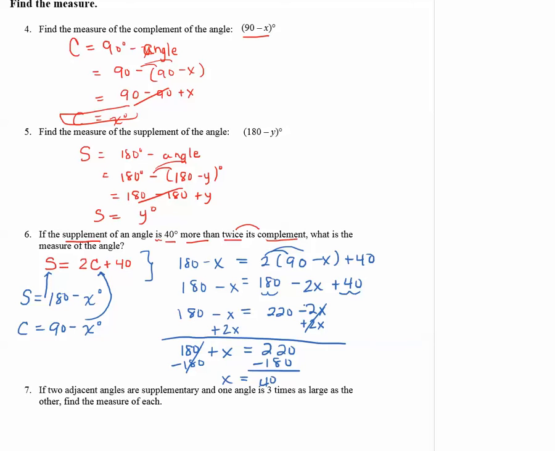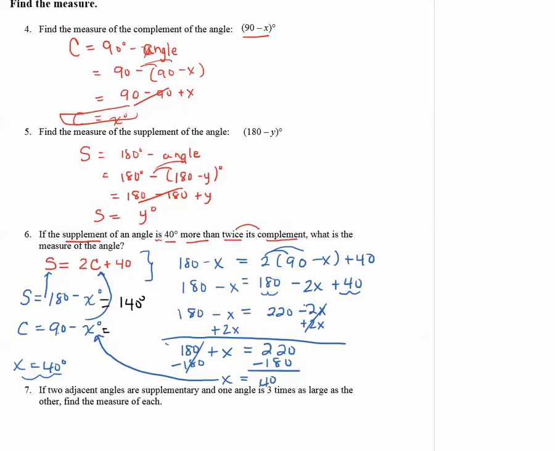So what I have found is x is 40, and x is my unknown angle. So x is 40 degrees. If you wanted to test this out to see if we did the math correctly, you can plug your answer into these expressions. The supplement is 180 minus x, so 180 minus 40 is 140 degrees.